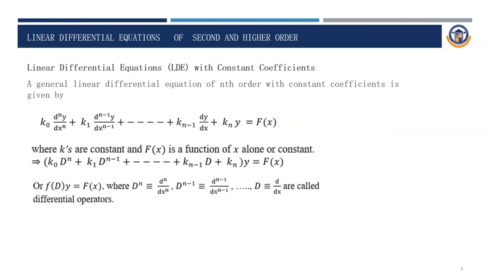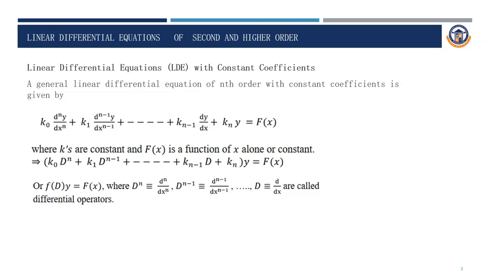This linear differential equation with constant coefficients we are going to see. A general linear differential equation of nth order with constant coefficients is given by k naught d^n y divided by dx to the power n plus k1 d to the power n minus 1 y divided by dx power n minus 1 plus and so on plus k n minus 1 dy by dx plus k n y, equal to capital F of x.